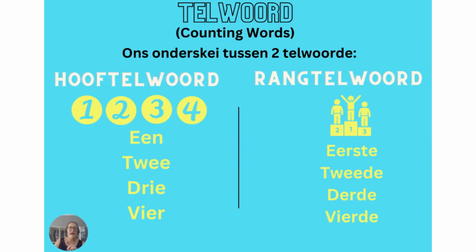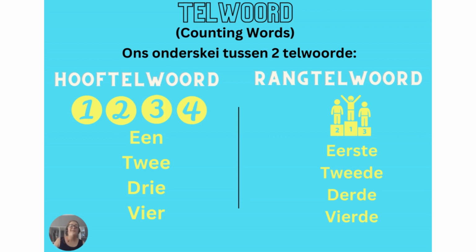Next, we have our telwoorde, our counting words, telwoorde. So daar's twee tipes telwoorde. Jy kry jou hooftelwoord en jy kry jou rangtelwoord. So kom ons kyk, hooftelwoord, dis is 1 2 3 4, straightforward. Nothing complicated. It's 1 2 3 4 5 6 7 8 9 10 tot 1000 en tot 'n miljoen. Hooftelwoorde.